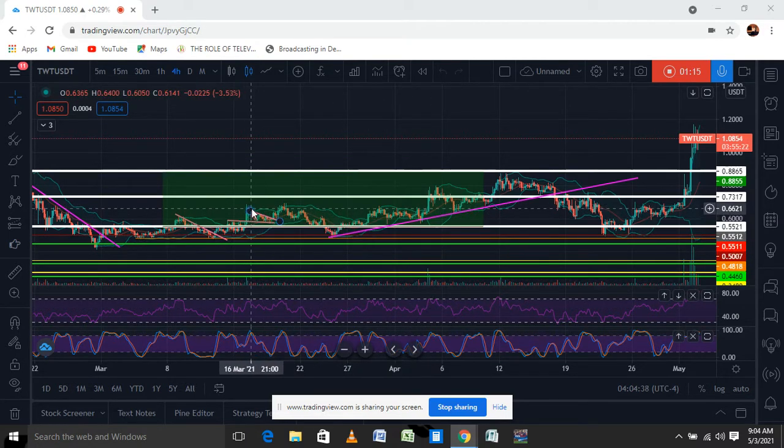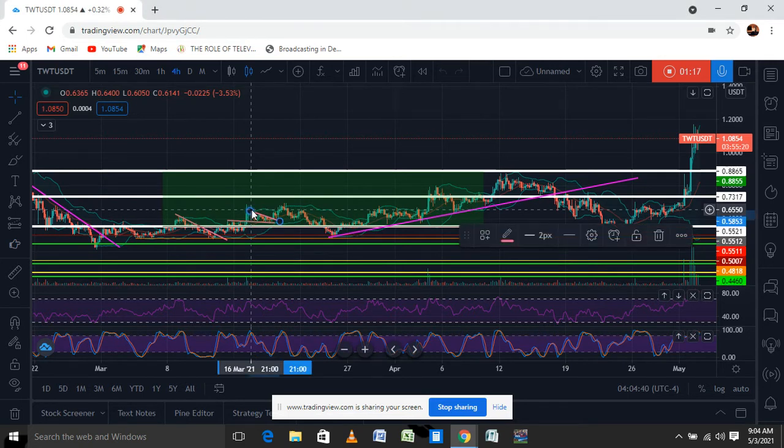I showed you how to draw a trend line in our previous video. You connect the pivot high to the next lower high and draw it straight. That's when you're drawing a resistance trend line. For the support, you connect the lower low and the higher low. You draw straight.